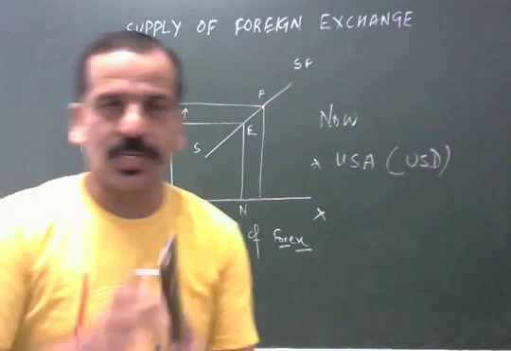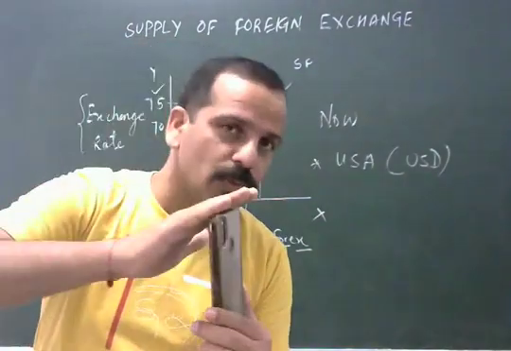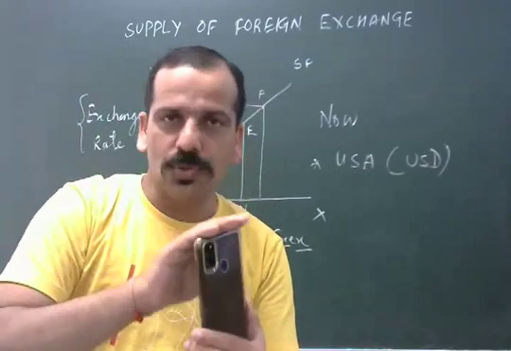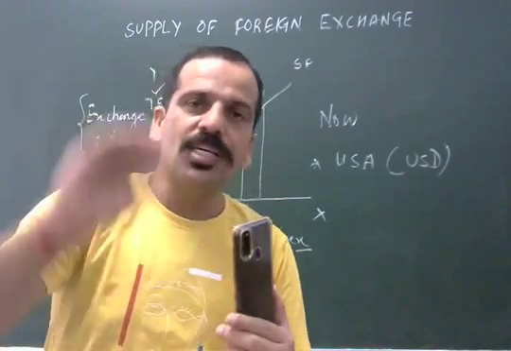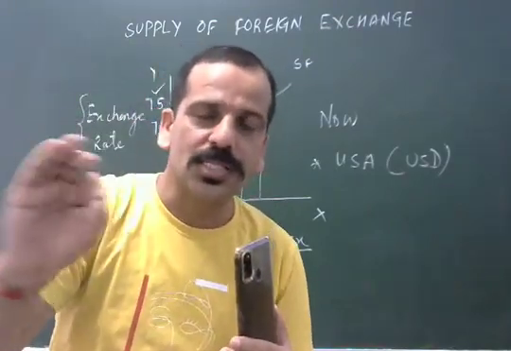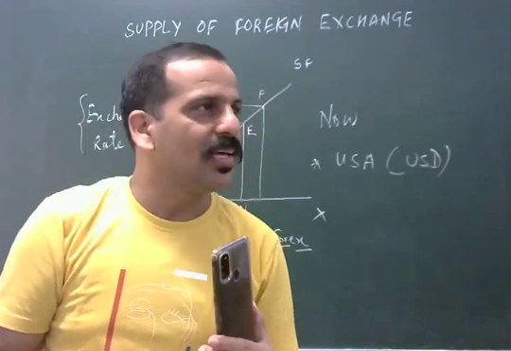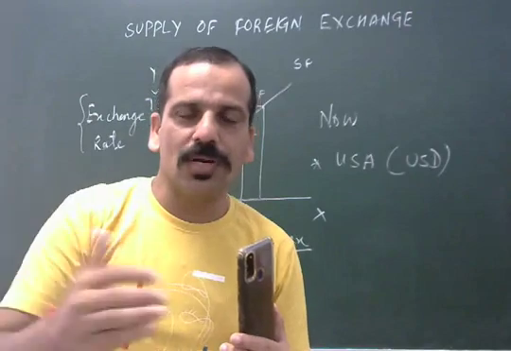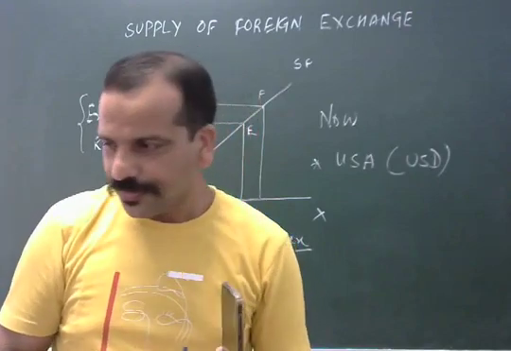Effect means, for example, if the price of the mobile increases, you are the supplier, the producer of this mobile, definitely supply will increase or decrease. Price will be, okay, supply will be more or less with it.